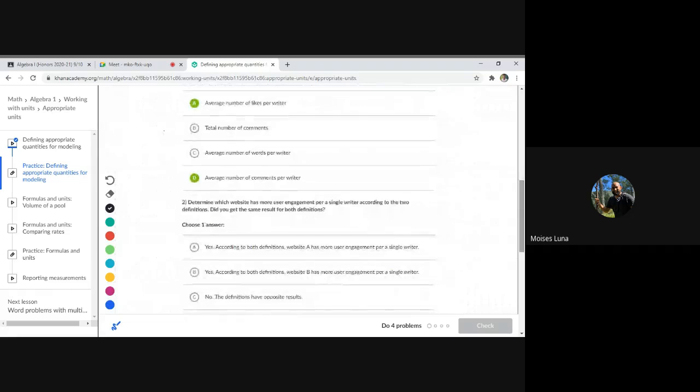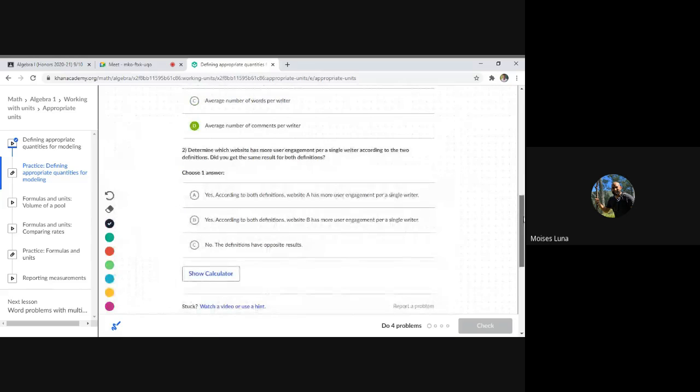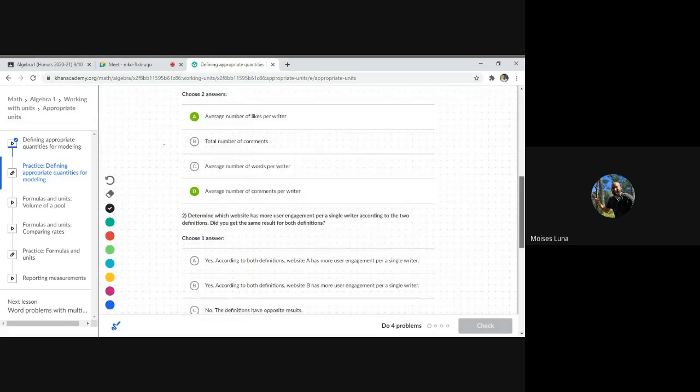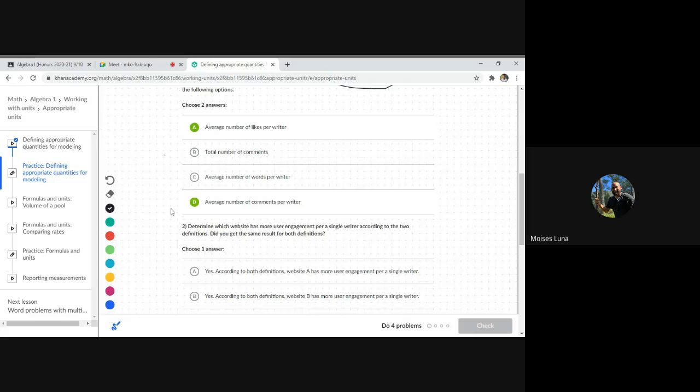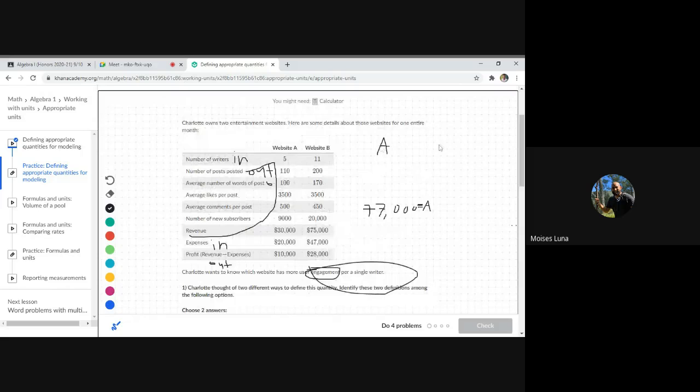Great. So what we need to do after you have those two answers is establish the formulas. You had website A on one side and website B on the other side, and you're trying to compare the likes per writer from website A. Is that number bigger than the likes per writer of website B?